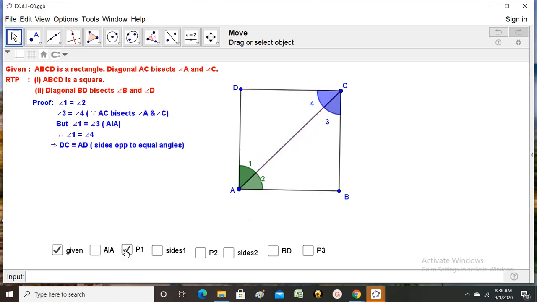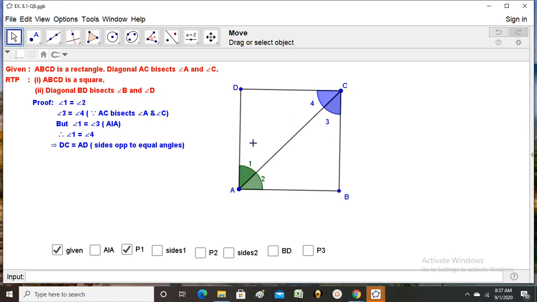Now let us understand the proof from here. 1 and 2 are equal, that is given. Since AC bisects angle A as well as angle C, we are given that 3 and 4 are also equal. Angle 1 equals angle 3 because they are alternate interior angles, and therefore 1 equals 4, or you can claim that all four angles are equal.